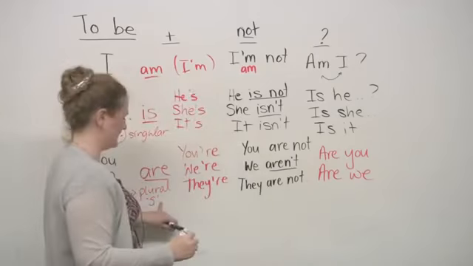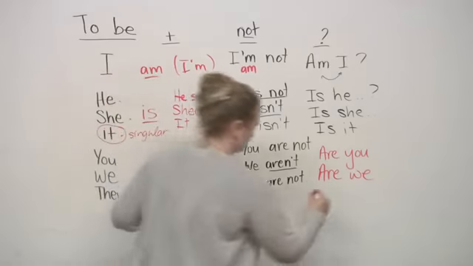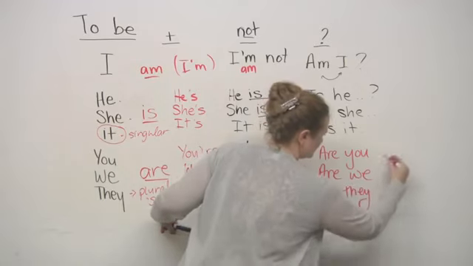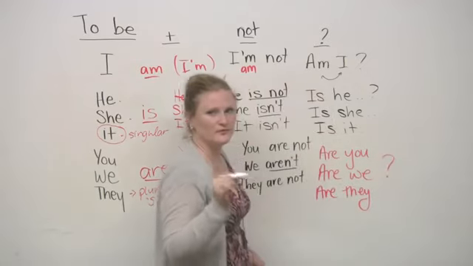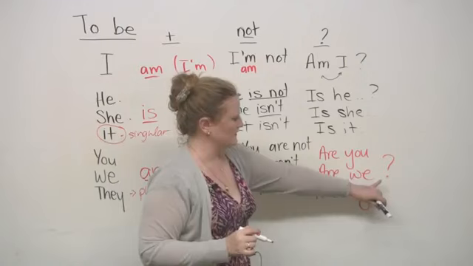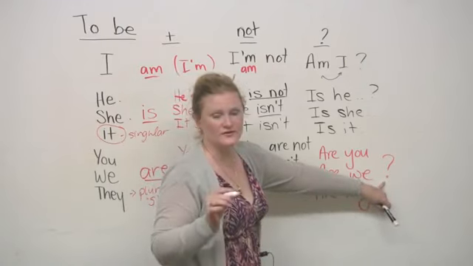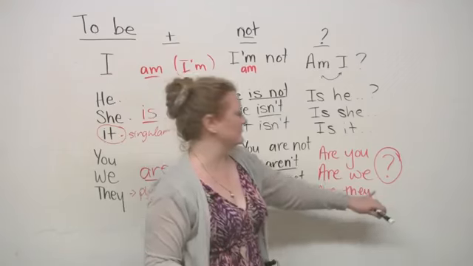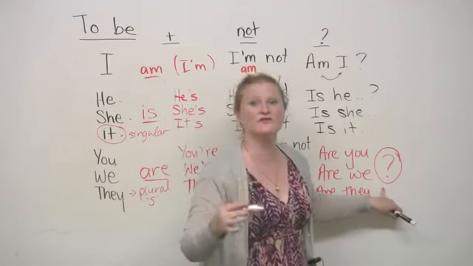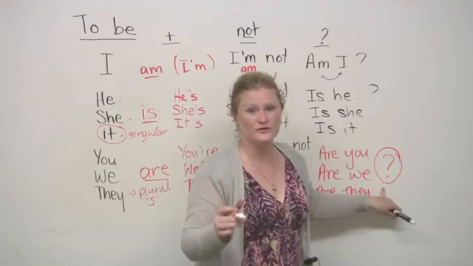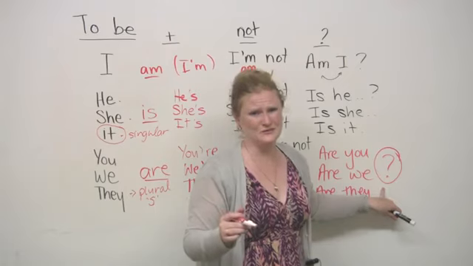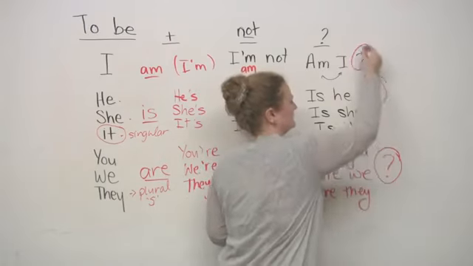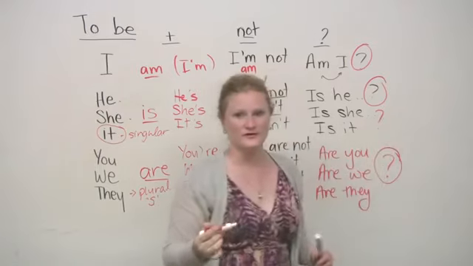And plural noun, they are, would be, are they? One very important thing as well is when you're writing the question, you always need one of these beautiful things at the end called a question mark. If you don't put a question mark, it's wrong. So always remember your beautiful question mark at the end of every question.